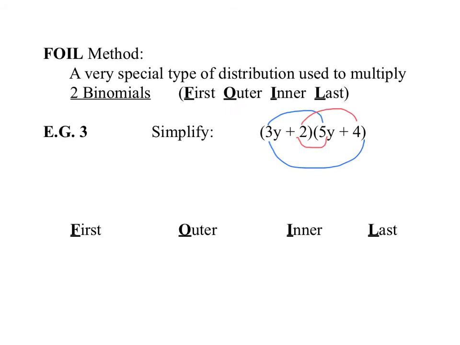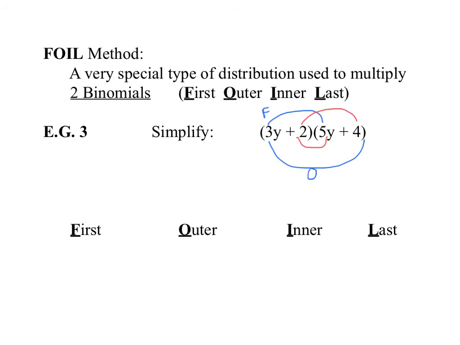So F represents the first values multiplying together. That's this pair right there. The O for outer is referring to the outermost values. That would be the 3y in this group and the 4 in that group. So the outermost values in the whole problem.